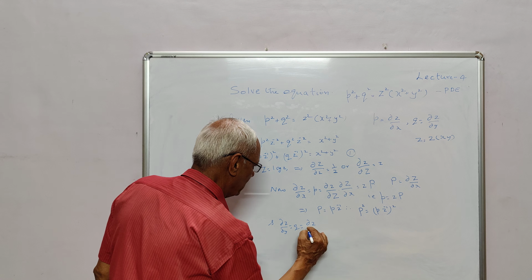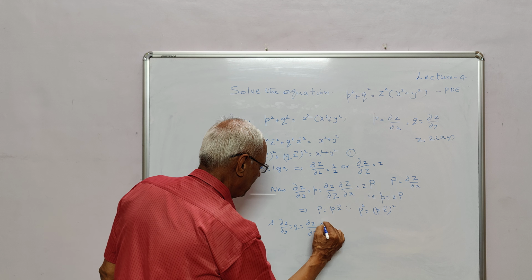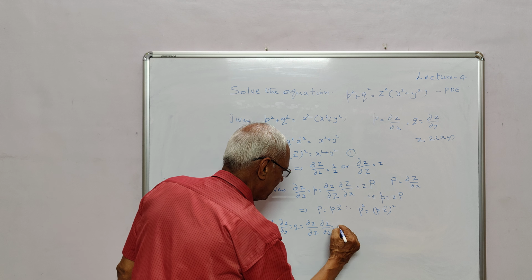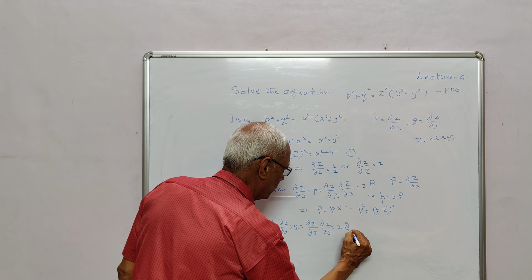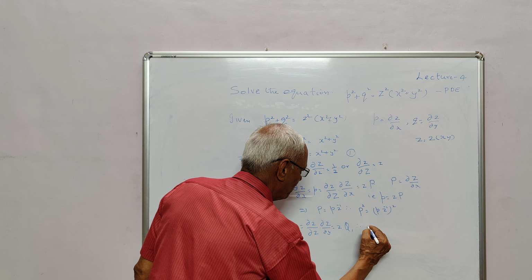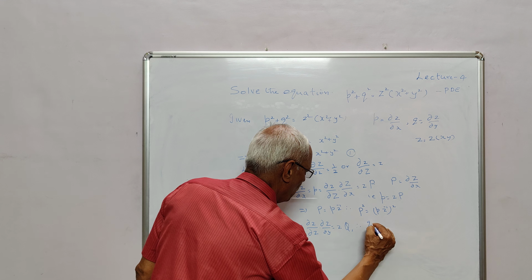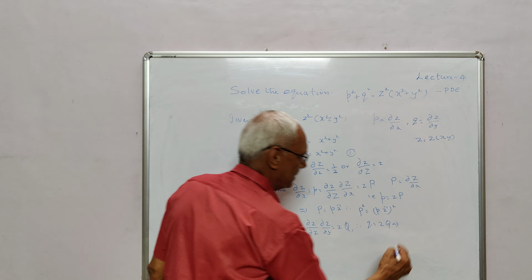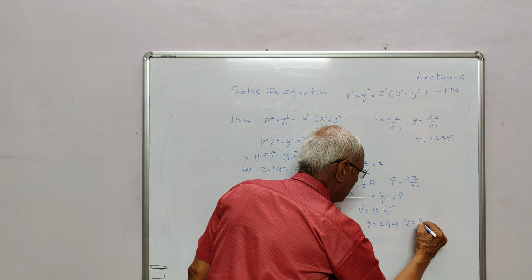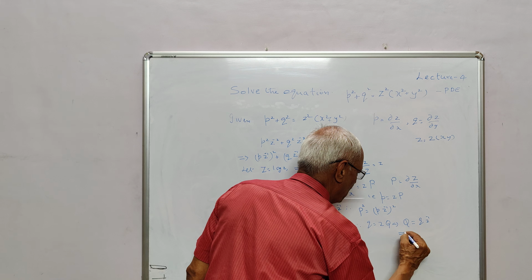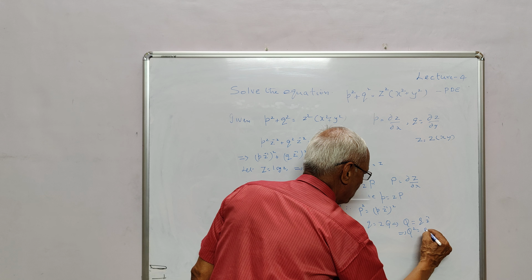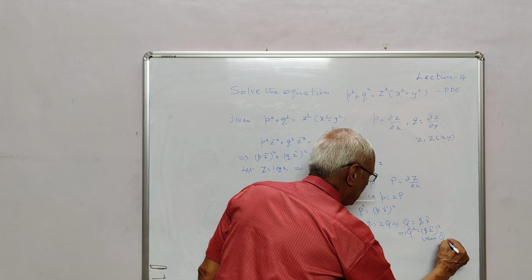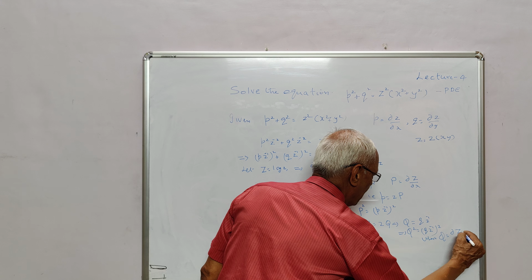This is nothing but dou z by dou capital Z into dou capital Z by dou y, which is nothing but, see here again, z into capital Q, and therefore q is equal to z into capital Q, which implies capital Q is equal to q into z to the power of minus 1. This implies capital Q squared is equal to (q z to the power of minus 1) whole squared, where capital Q is equal to dou capital Z by dou y.